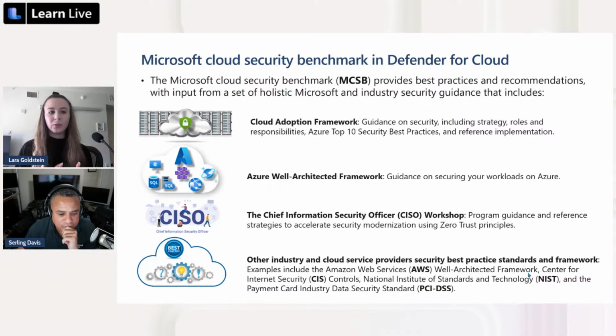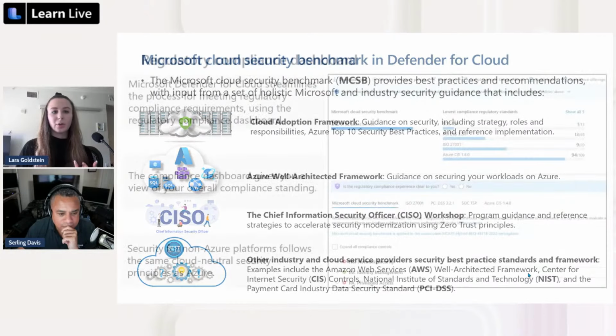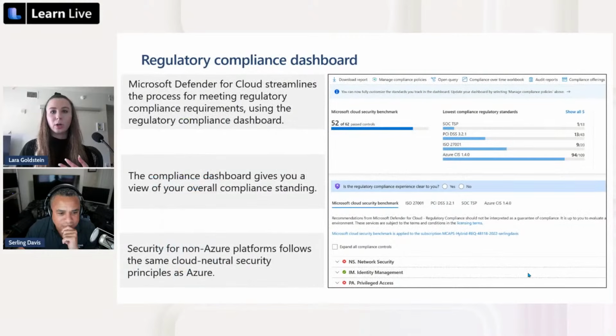We can go over to the next slide. So to actually monitor your compliance with the Microsoft Cloud Security Benchmark, you can use the regulatory compliance dashboard in Defender for Cloud. Here, Defender for Cloud is continuously assessing your hybrid environment for different sorts of standards, one being the Microsoft Cloud Security Benchmark that gets applied automatically, and then you can choose to apply other frameworks like CIS or PCI DSS.